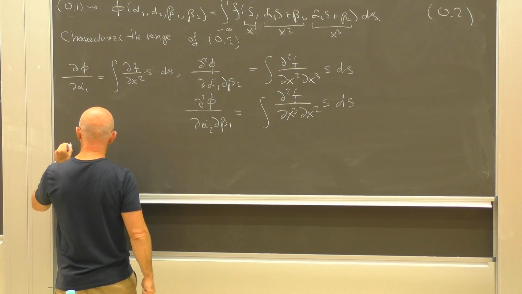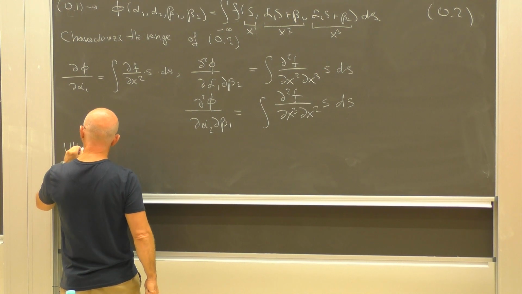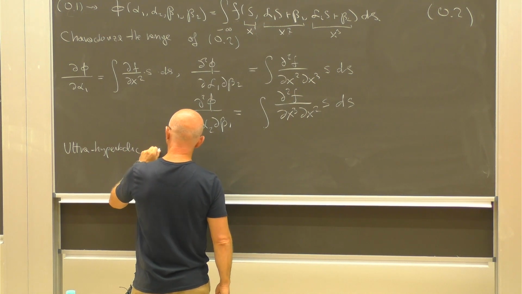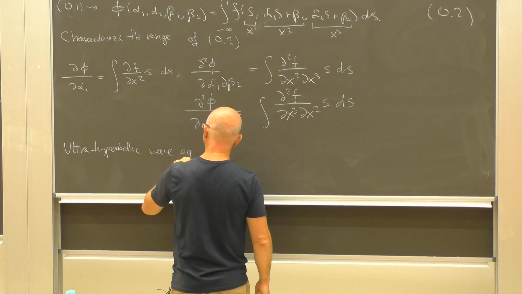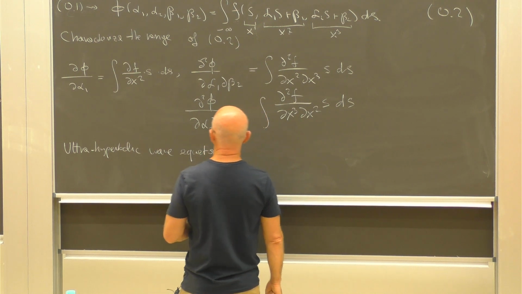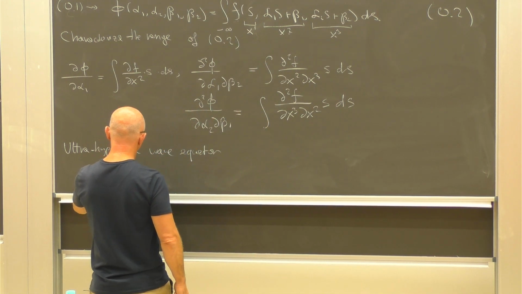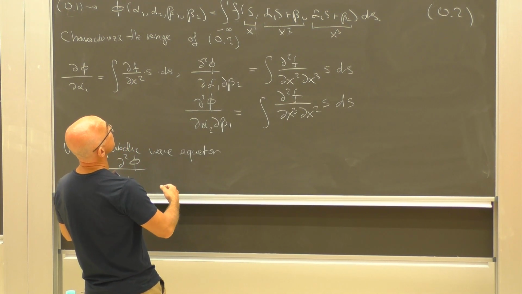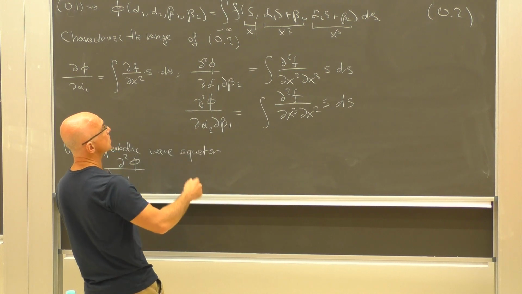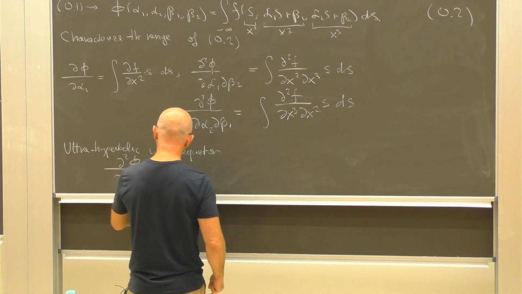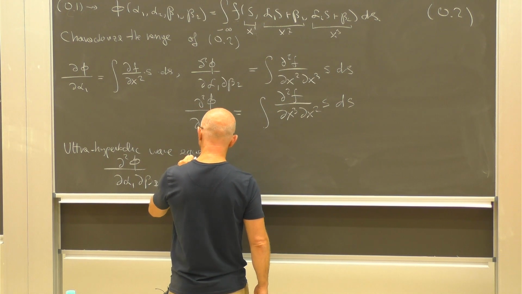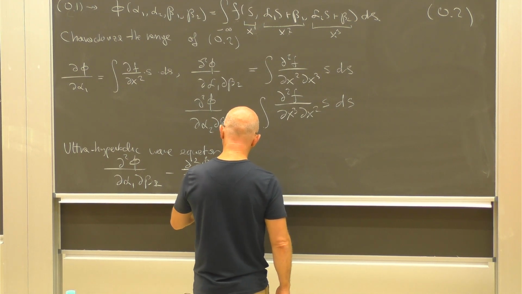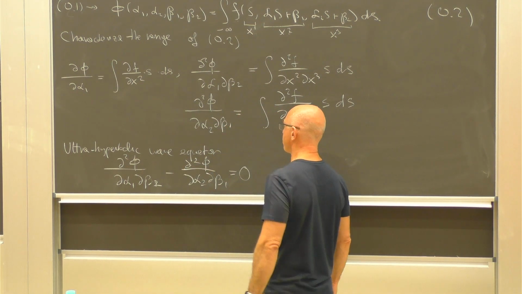It's called the ultra-hyperbolic wave equation, which is d2 phi by d alpha 1 d beta 2 minus d2 phi by d alpha 2 d beta 1 equals 0.